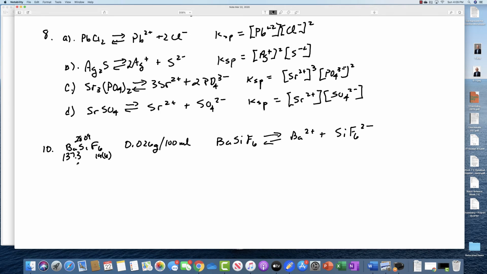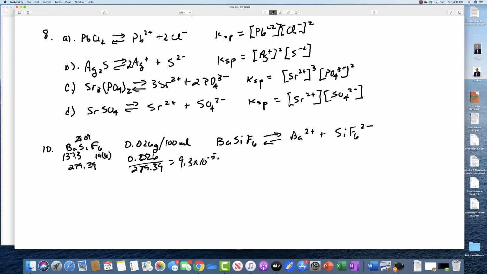So the molecular weight here is 279.39. If we take this number right here and divide that by 279.39, we end up with 9.3 times 10 to the minus 5, and that's moles per 100.